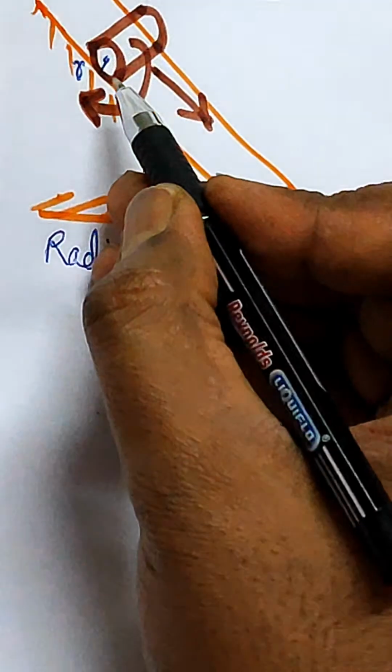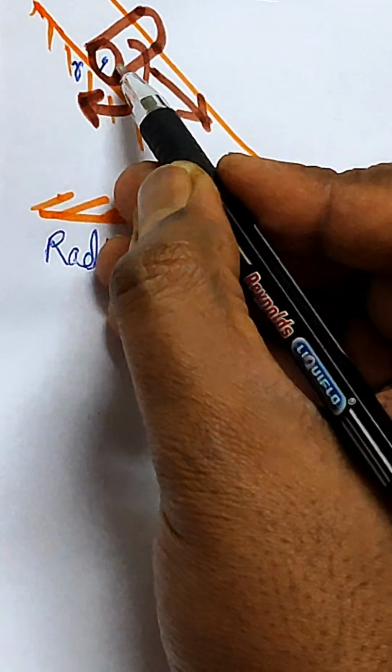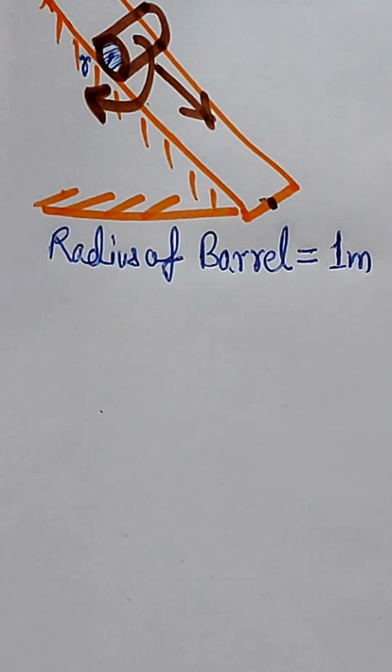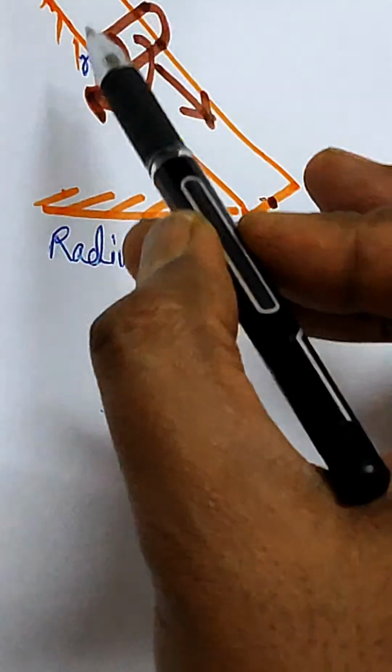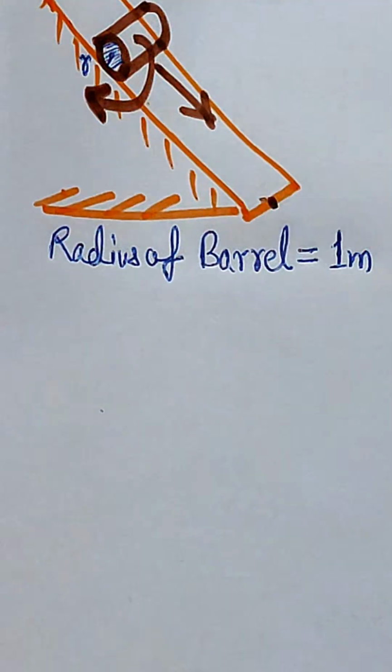So 1 meter is the radius of this cross section of the barrel. This is the cross section, and it's just coming down with a roll, right?